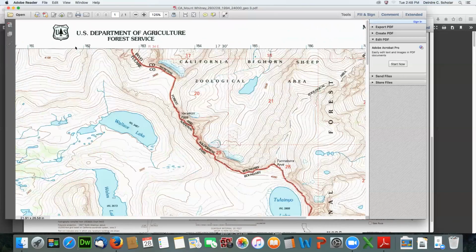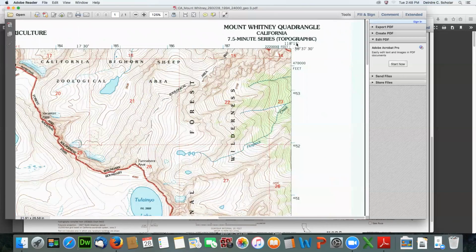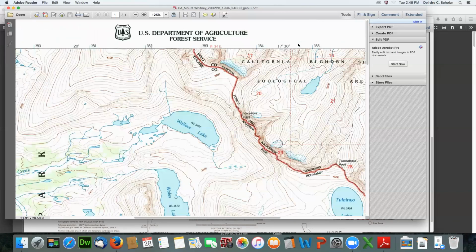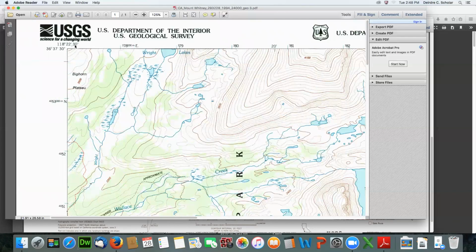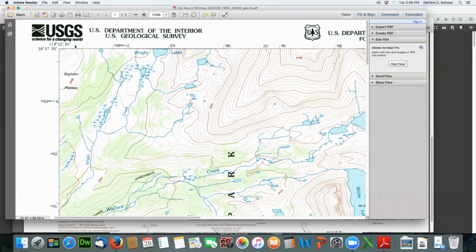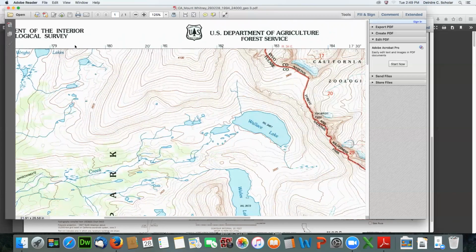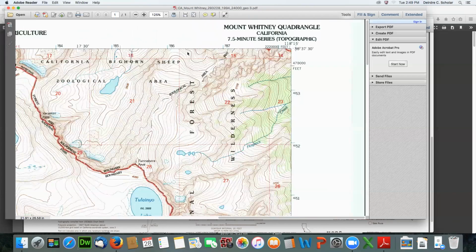So the difference between those values of 15 minutes and 22 minutes, 30 seconds is 7 minutes and 30 seconds. And that's exactly the amount of distance that the map maker is telling us that this map covers. 7.5 minutes is the same thing as 7 minutes and 30 seconds.